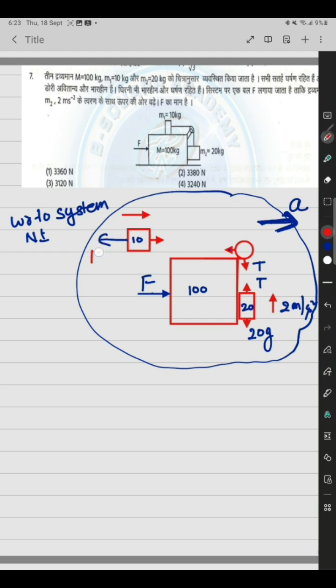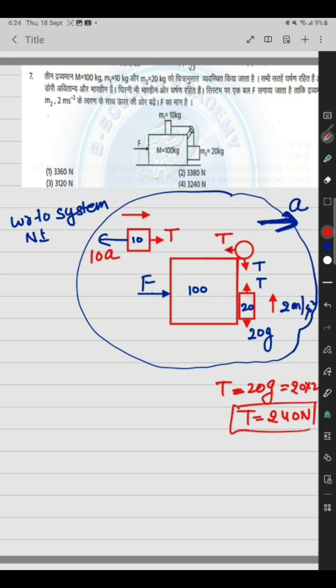The pseudo force on this one is 10 into a, and the tension in the string is T. The same thing: T minus 20g is equal to 20 into 2, then the tension T is 240 Newton. It is the required tension.